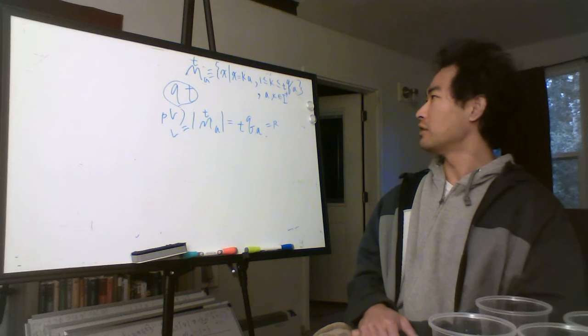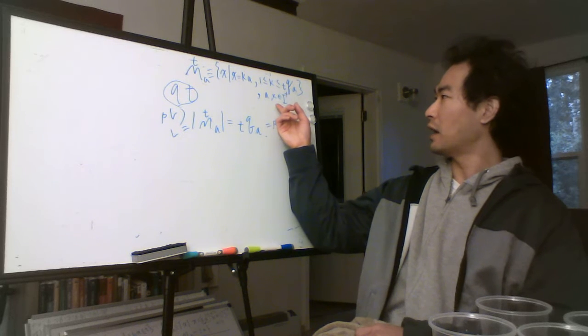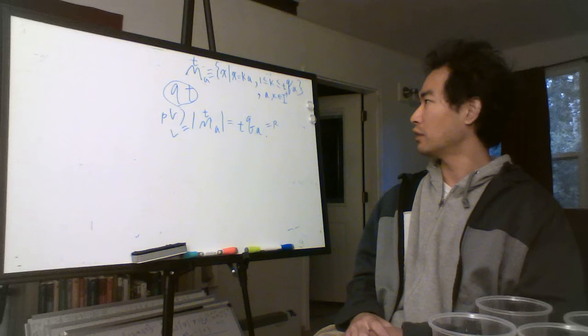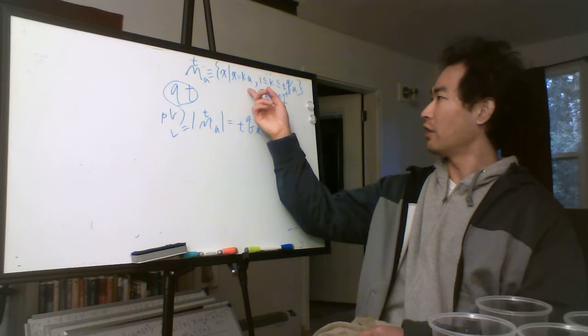I'm not sure if there's anything to prove here, because I guess we can just prove it in English. K is a positive integer, A is a positive integer, so k times a is also a positive integer. So how many elements are there?